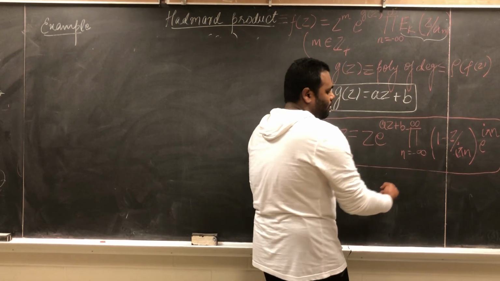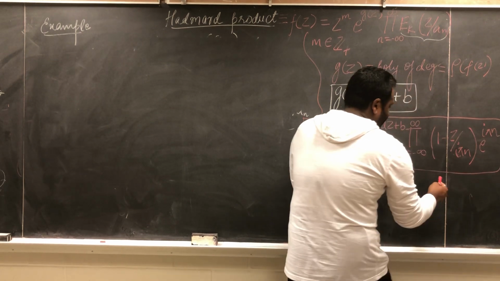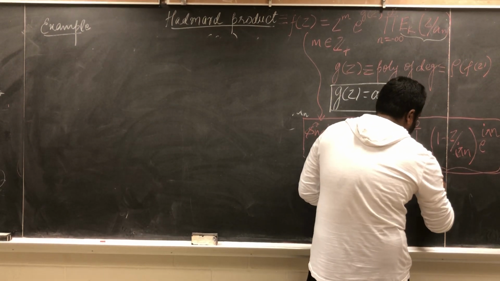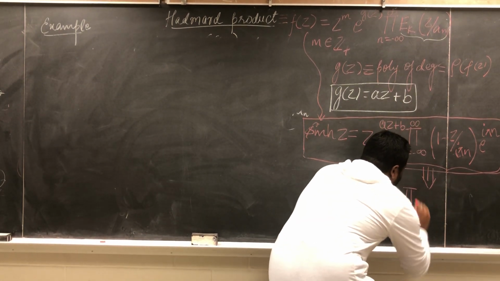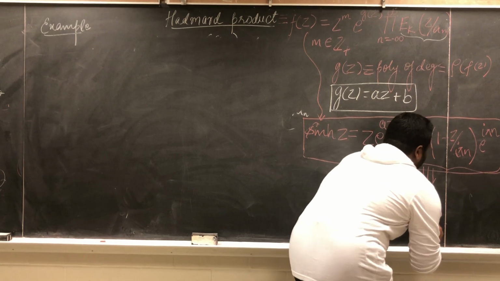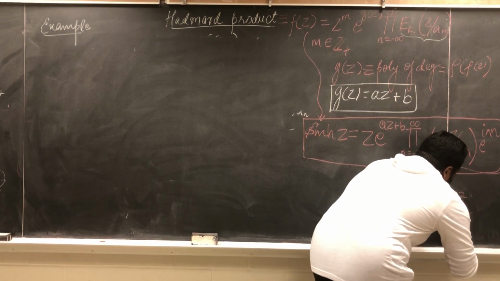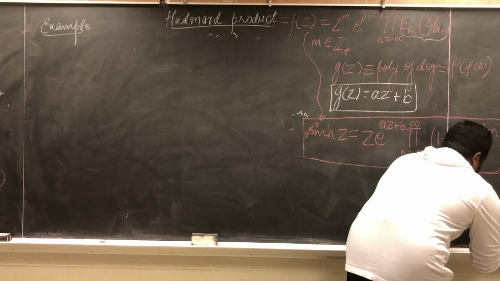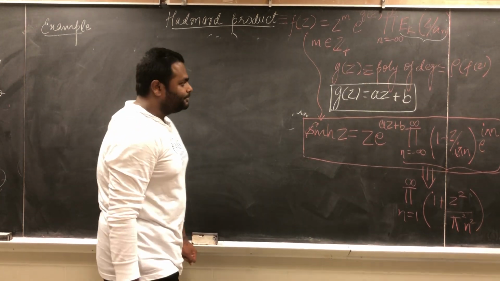Because n covers from negative infinity to infinity, this thing can be written as the product over n from 1 to infinity of 1 plus z squared over pi squared n squared, right? Make sense?